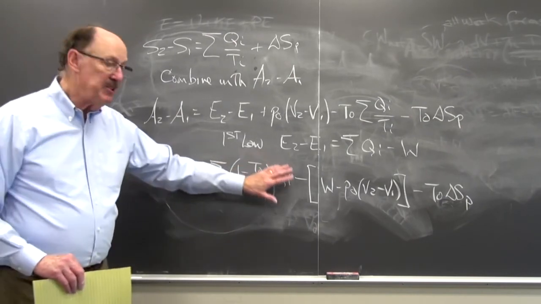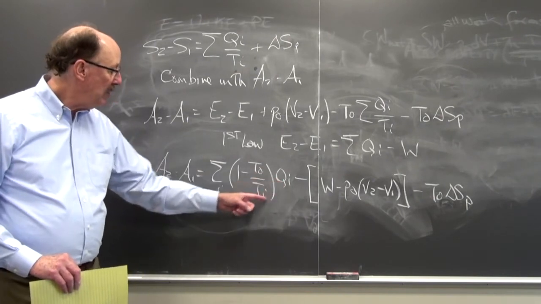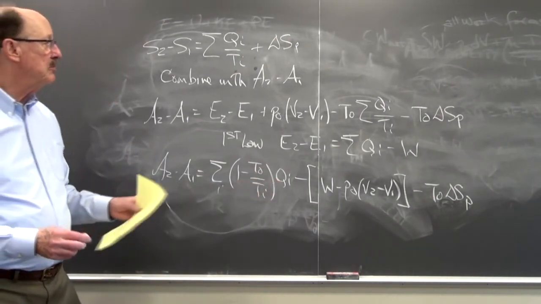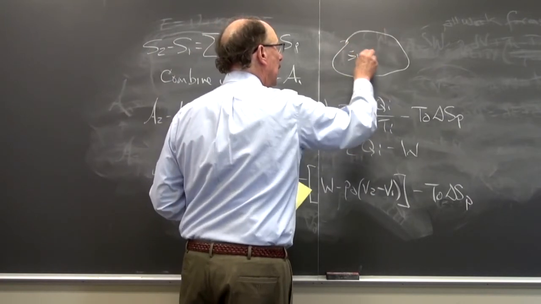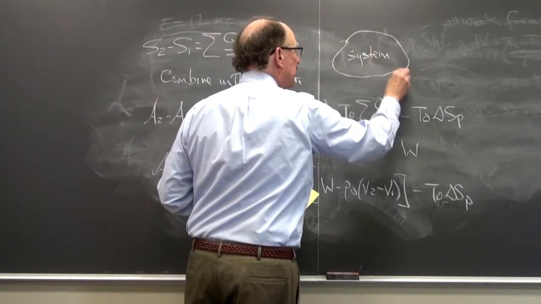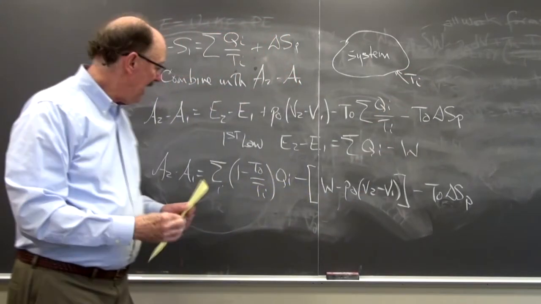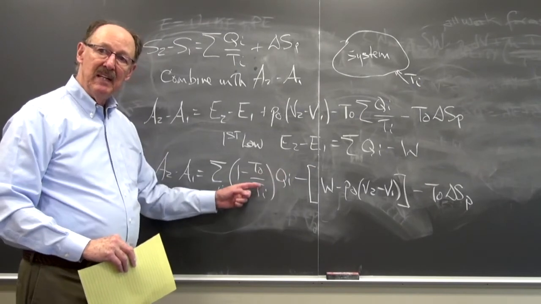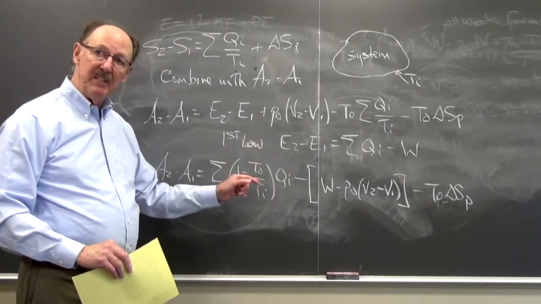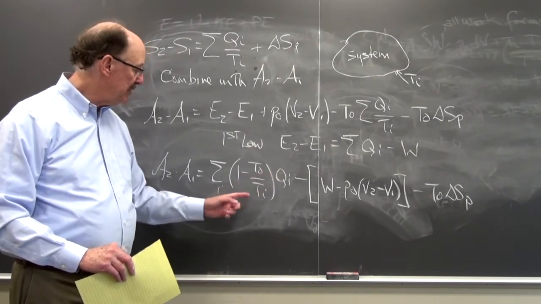Some of the change was related to heat transfer, and the Qi refers to the surface temperature. So if I have a system, this surface temperature is Ti. And so this Ti refers to the surface temperature of the heat. So the heat's going into the system or leaving the system, and you have to know what this temperature is to evaluate this term.